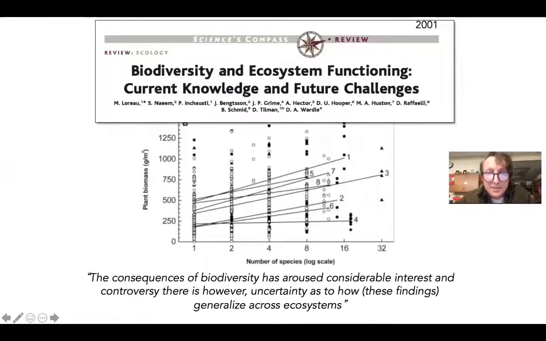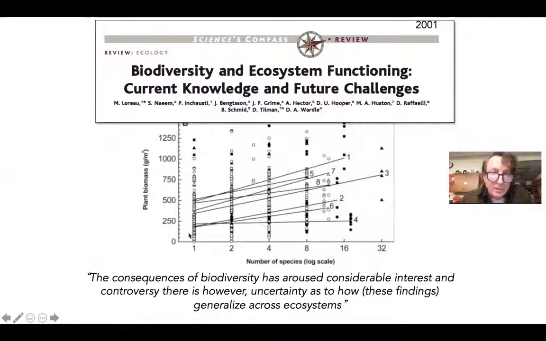Another issue with this biodiversity ecosystem functioning work is that if I pull out a relatively recent paper here, this is a consensus of knowledge of the relationship between biodiversity and ecosystem functioning.